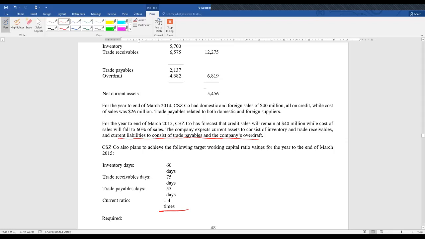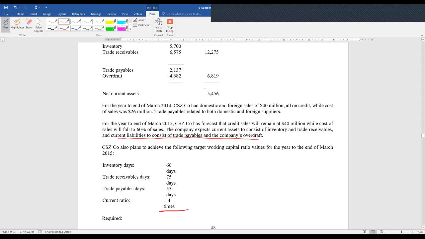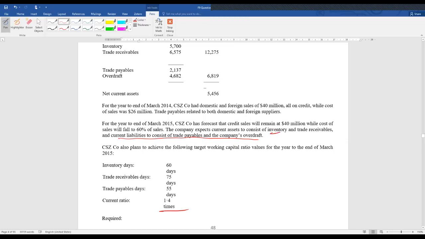The current assets of the company are made of inventory and the receivable. So we need to get the inventory and the receivable, so we can determine the company's current liability position.